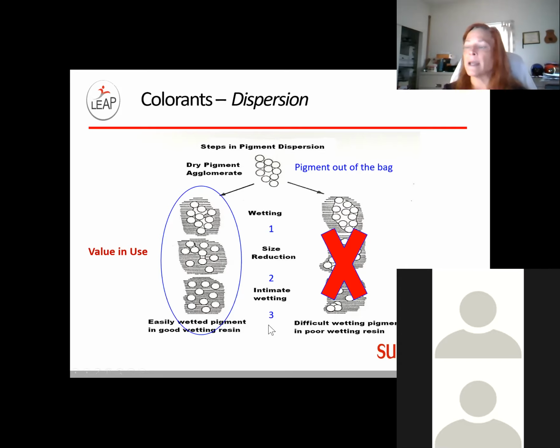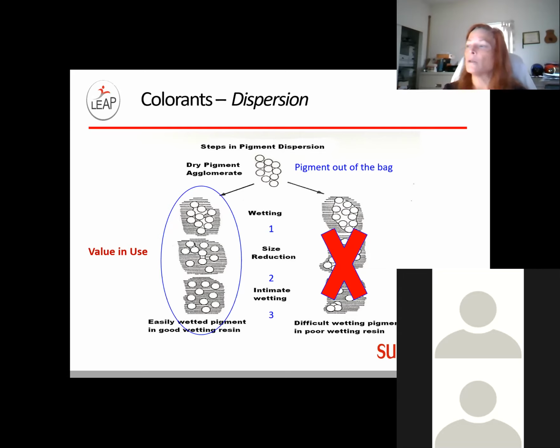This is a key area to obtain as much of that value in use as you can. So your formulation needs to wet the pigment out as best as possible, so that it sets up the dispersion process, or particle size reduction process, to be as good as it can be to get that particle size reduction down.